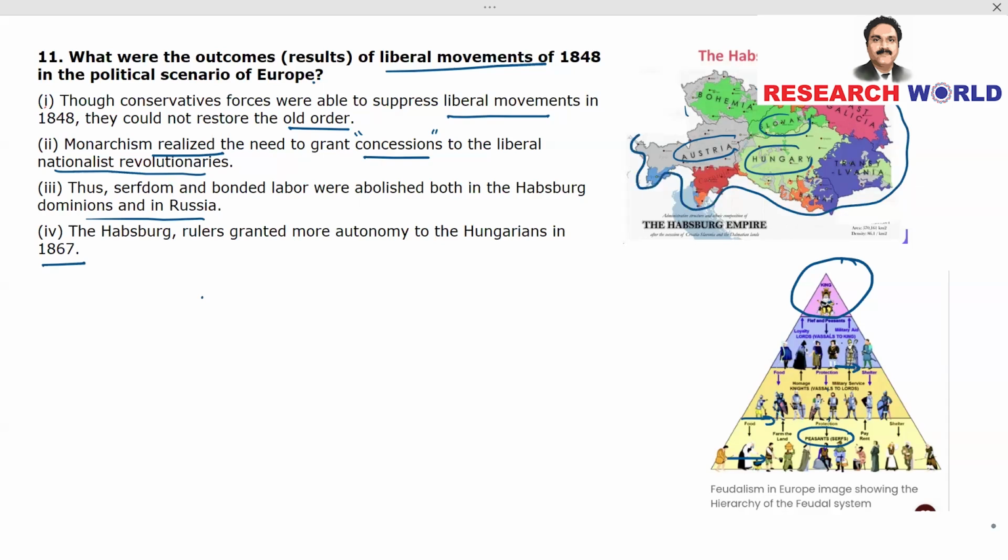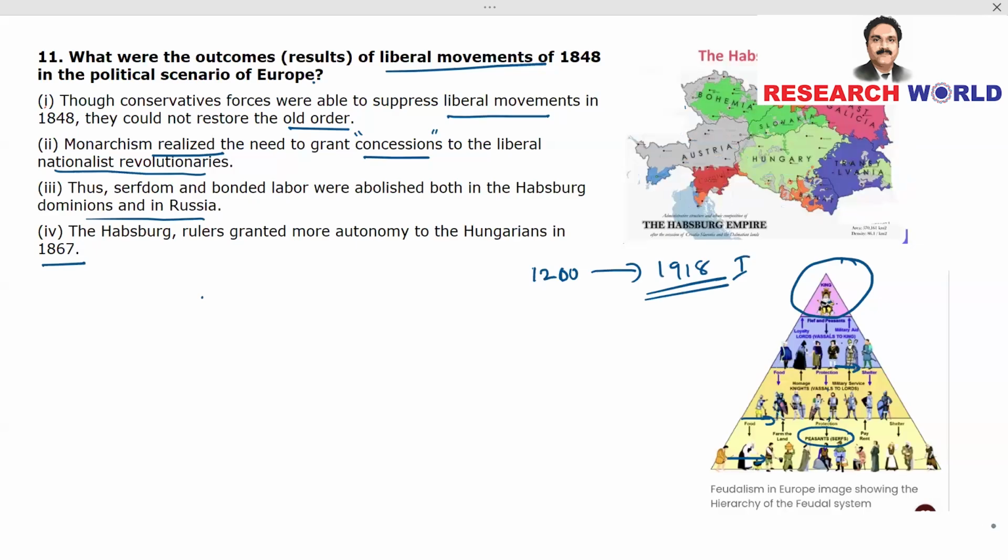Okay, this Habsburg Empire came to power somewhere in 1200 and lasted till 1918, immediately after World War I. This was a vast empire which had lots of vassal states. You call them dominions. That means they were under the Habsburg Emperor. So they are part of the Habsburg Empire, these dominions. That's what they are mentioning here.